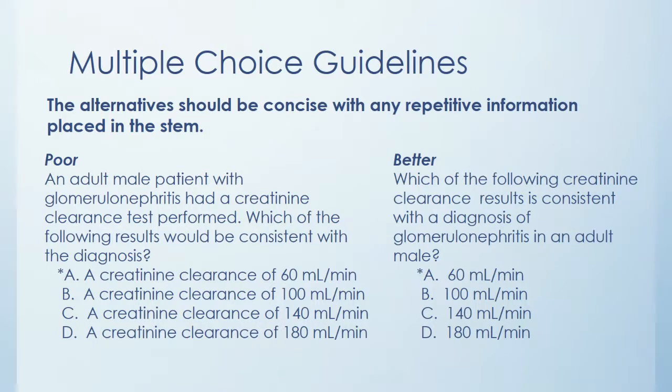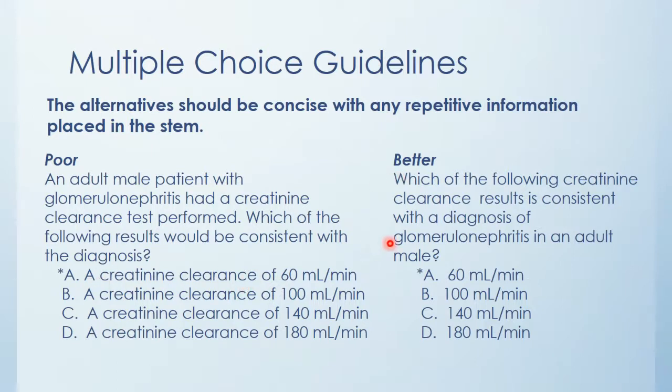The alternatives should be concise with any repetitive information placed in the stem. These questions are both testing the same knowledge. For this one, an adult male patient with glomerulonephritis had a creatinine clearance test performed. Which of the following results would be consistent with the diagnosis? The problem is that it says a creatinine clearance of in every single response, and that's just annoying to read.